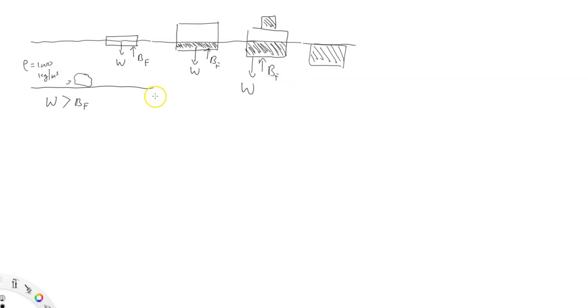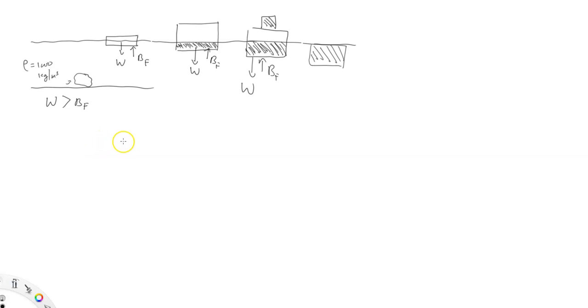Another interesting question is the amount of volume. How much volume does it need to go underwater in order to float? My easiest example is a rectangular cube kind of object.